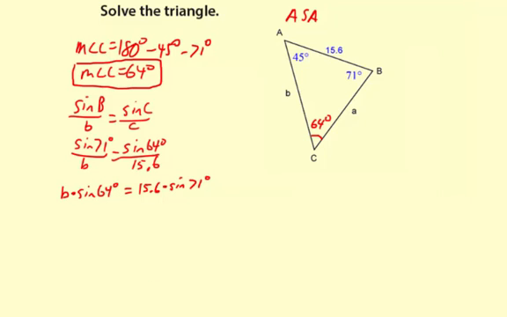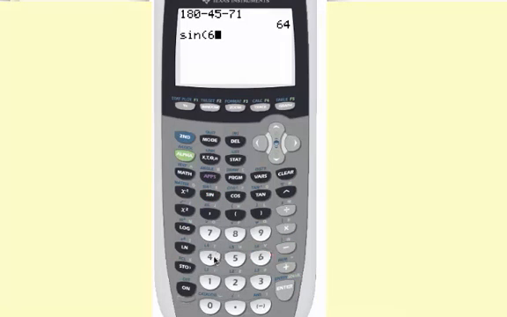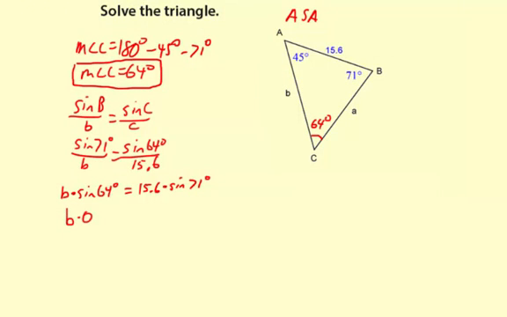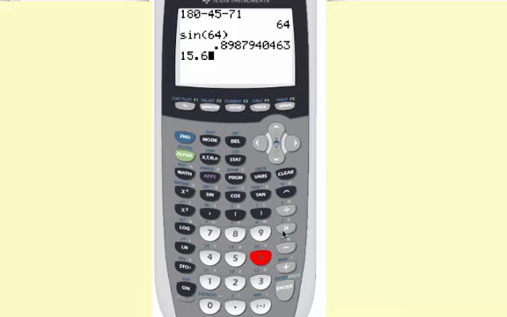So let's go ahead and simplify. Sine of 64 degrees is 0.8988 when you round it. So B times 0.8988 equals, and I'll do the 15.6 times the sine of 71 degrees, 14.7501 when you round it.